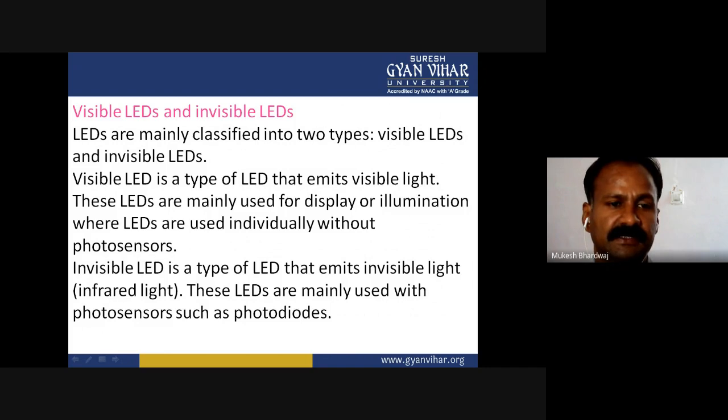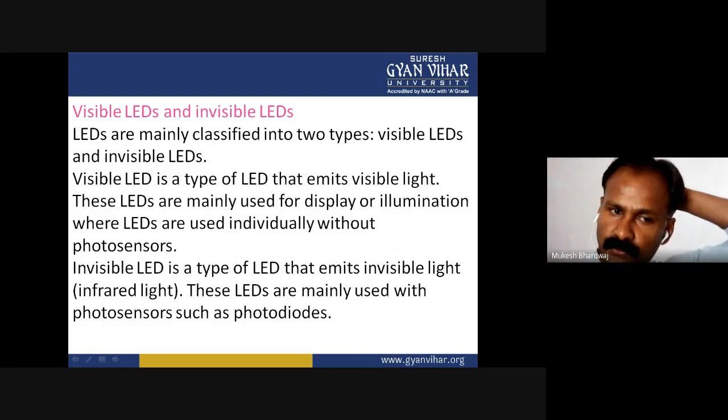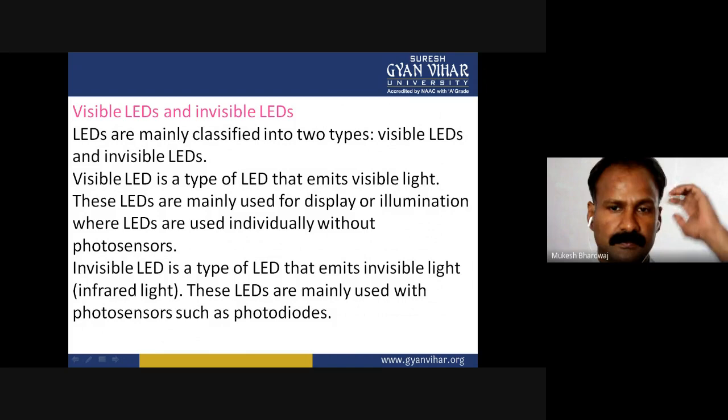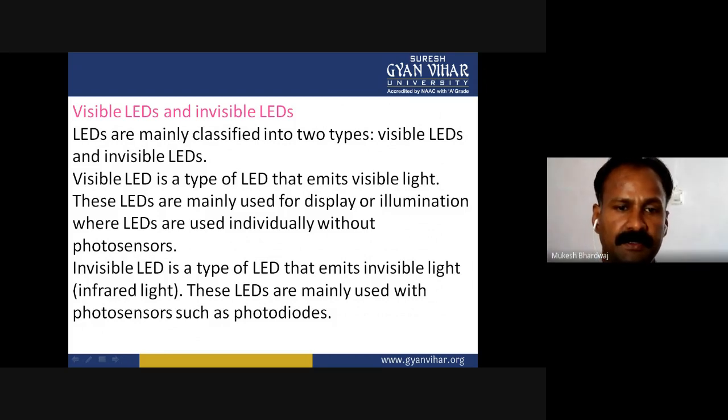These LEDs are mainly used for display or illumination, where LEDs are used individually without photosensors. Invisible LED is a type of LED that emits invisible light, infrared light. These LEDs are mainly used with photosensors such as photodiodes.